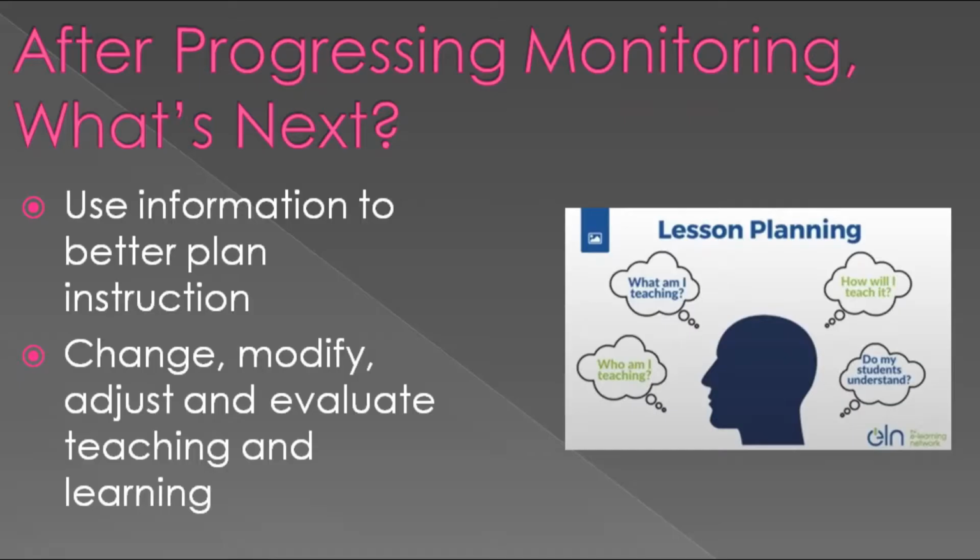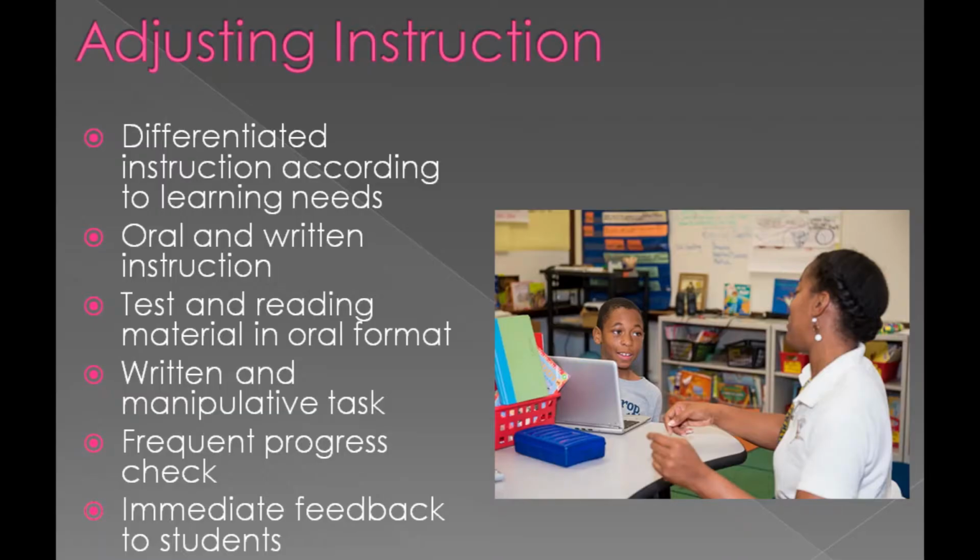After progress monitoring, what do we do? We use the information collected to better plan the learning instruction, to change, modify, adjust, and evaluate teaching and learning. Now, here are some ways we can adjust the learning instruction in the classroom.